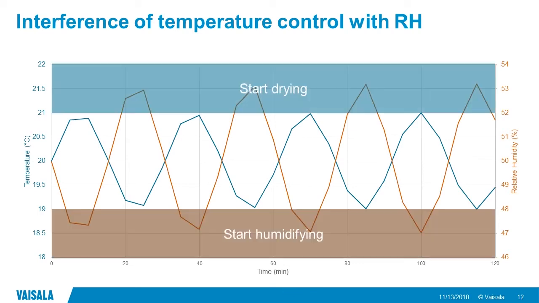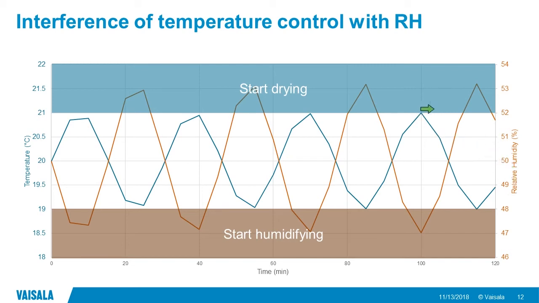Now, as you were trying to achieve a pretty tight control of your conditions, you might have decided, I want to control relative humidity with a plus or minus 2% RH, which means you have a kind of neutral band here from 48 to 52%.